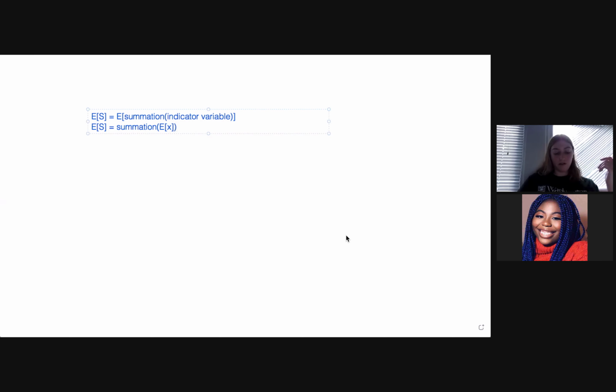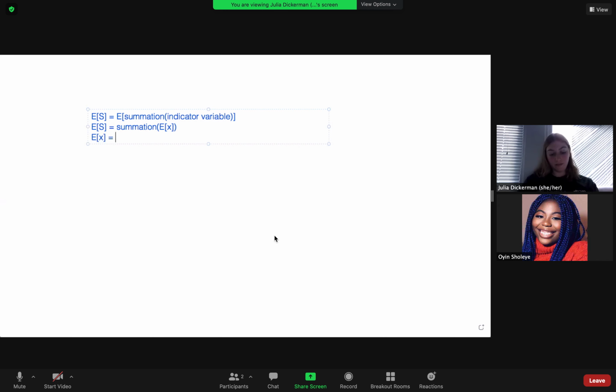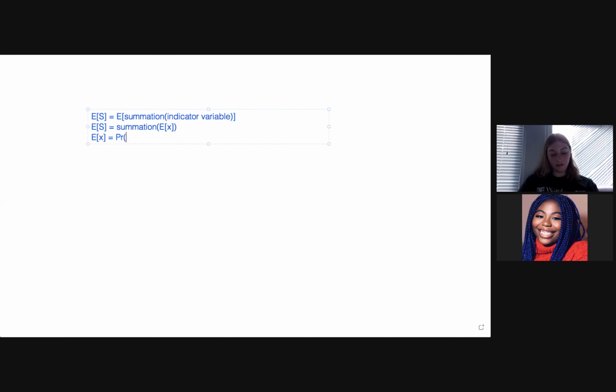Okay. So the probability of our indicator variable is a formula that we have, which is the probability that X equals 1. So the probability that X equals 1 is 2/3, right?